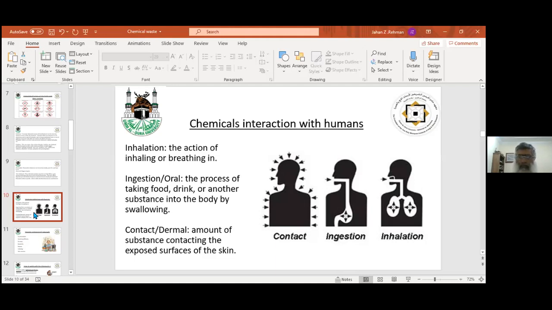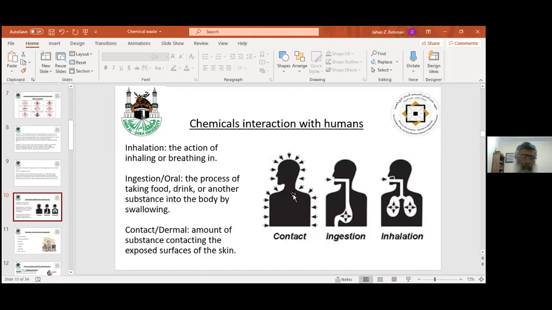For example, we breathe air, it goes into our lungs. This is inhalation, in this first picture from the right. And in the second picture, if we eat anything, it goes into our stomach. This is known as ingestion. Eat or drink, both go into the stomach, so it is known as ingestion.